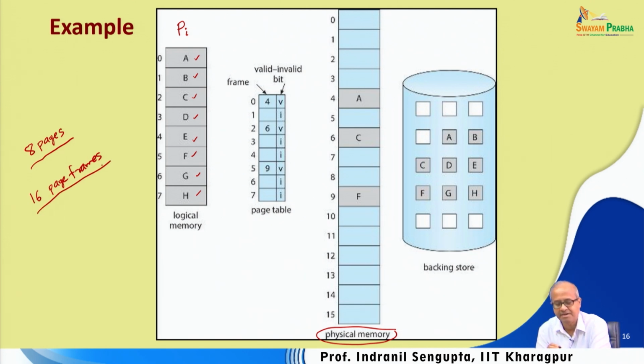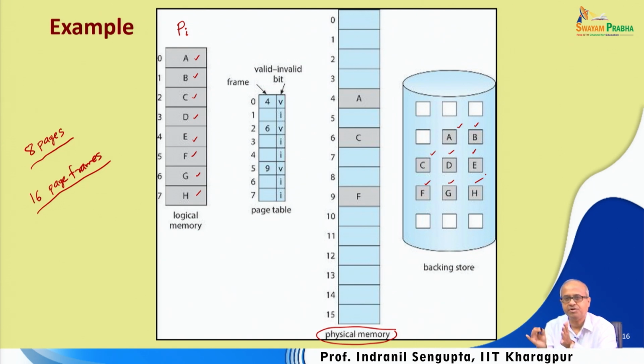And as I said, all these 8 pages must initially be stored somewhere in the disk, in the secondary memory. Let us assume in the backing store, so the 8 pages are here, A, B, C, D, E, F, G, H, they are somewhere.